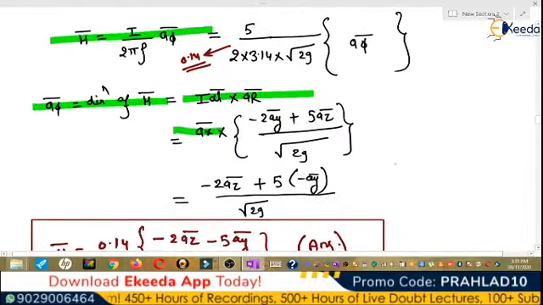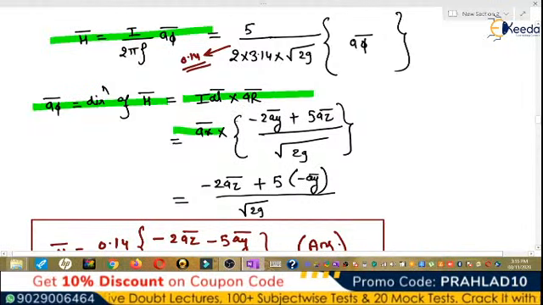So a phi vector is the direction of H vector, it is I dl vector cross aR vector. I dl vector is ax vector and cross aR vector is minus of 2ay plus 5az by under root of 29.